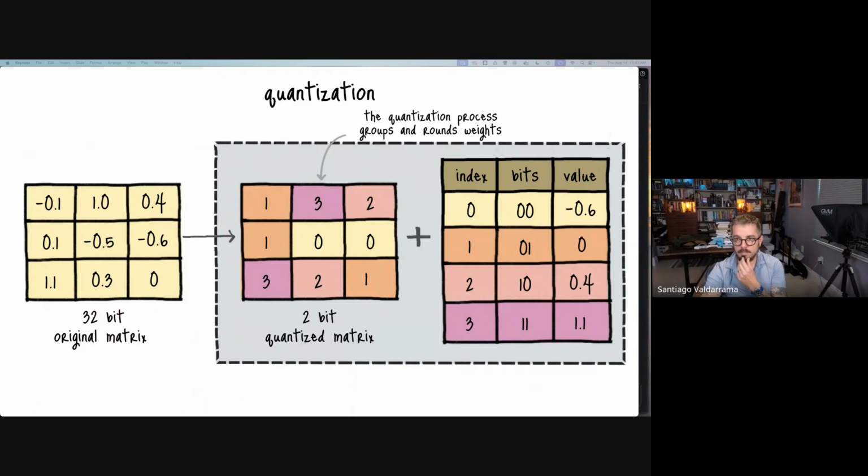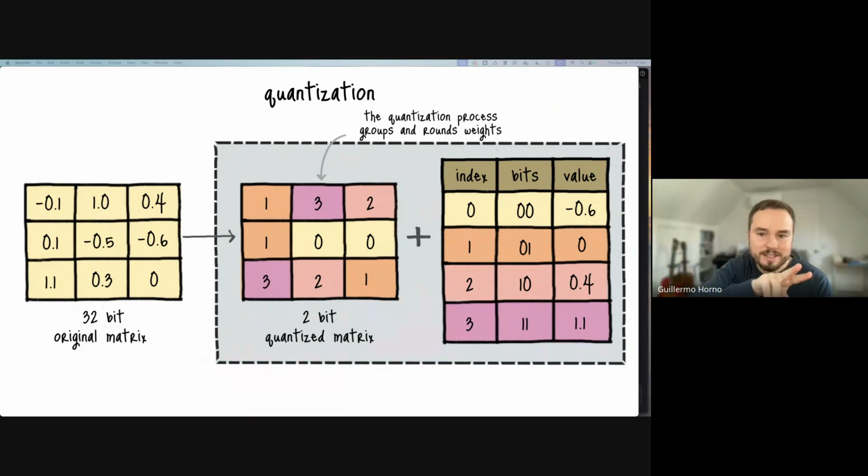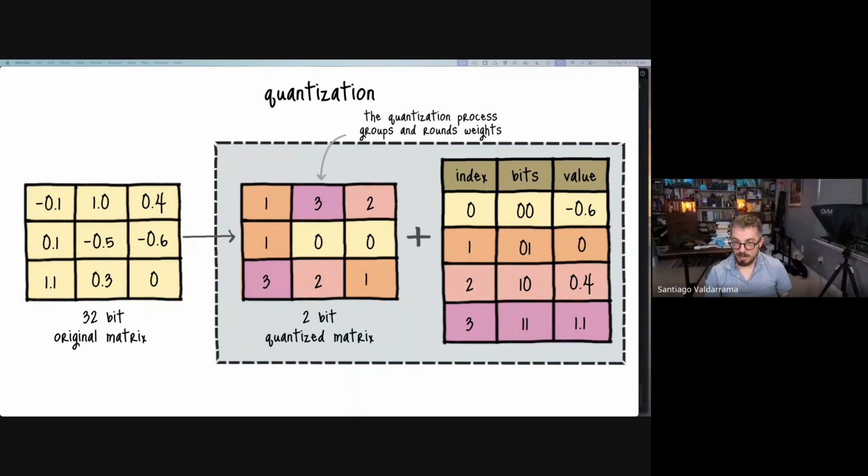If the values repeat a lot, I can see, at least in this simple example, that you could do some lossless quantization because you didn't need to round. But I guess in real life, that's not that efficient. We're talking about billions of parameters, right? Imagine that you have something like Llama 4 with 270 billion parameters.